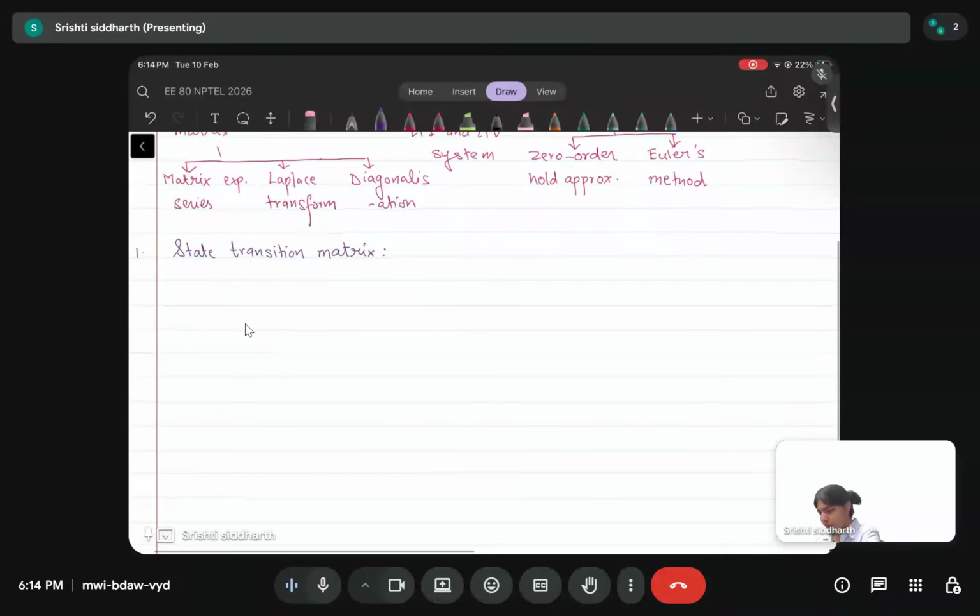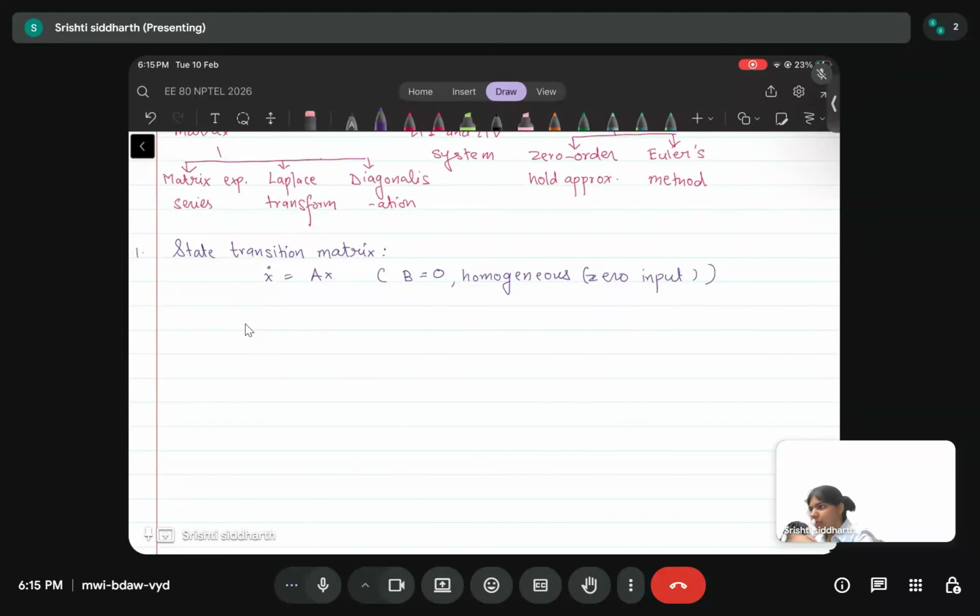So if we have a homogeneous system, x dot equals Ax. Homogeneous means that there is no input, which will be 0. For an LTI system, this is a constant matrix.